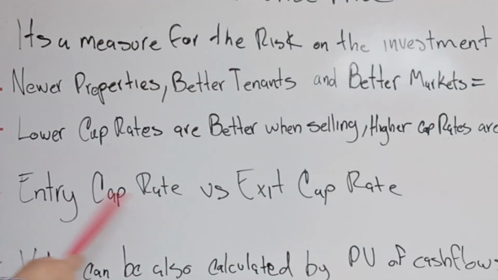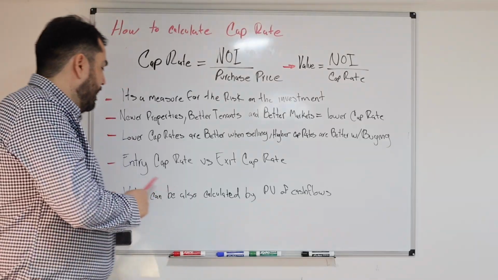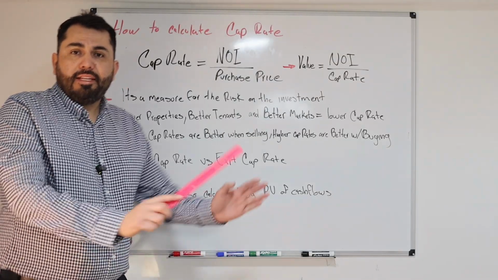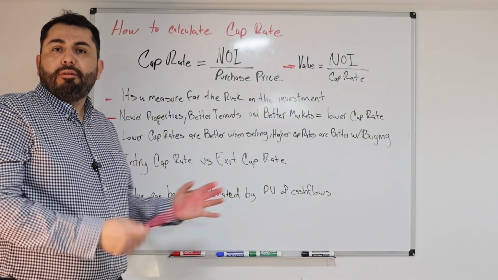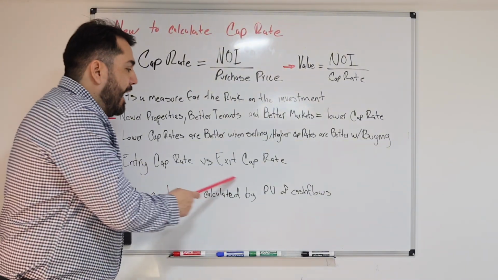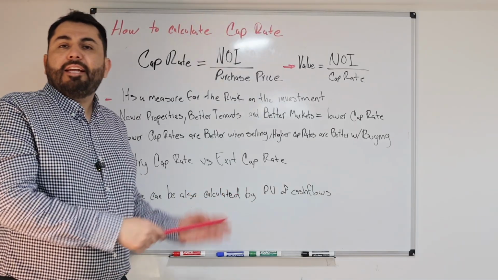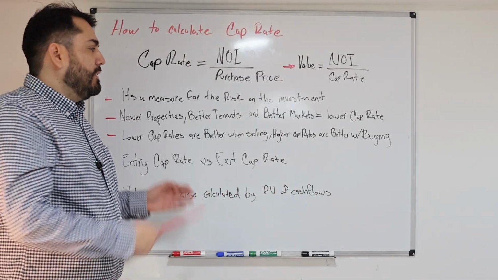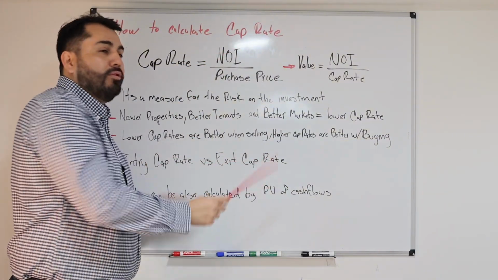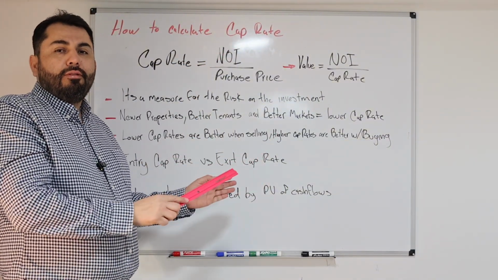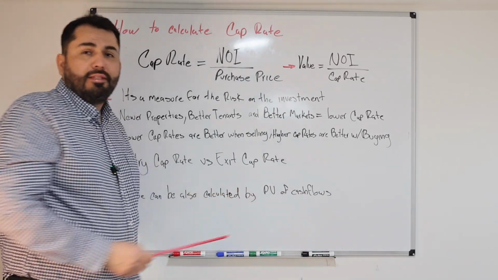Usually, if we just take the core strategy and we just purchase and hold it and then sell it, we have a lower cap rate when we purchase and then a higher cap rate when we sell, because the property gets older, and since it gets older, cap rates get higher. We have to sell the property usually at a lower price than when we purchase it.